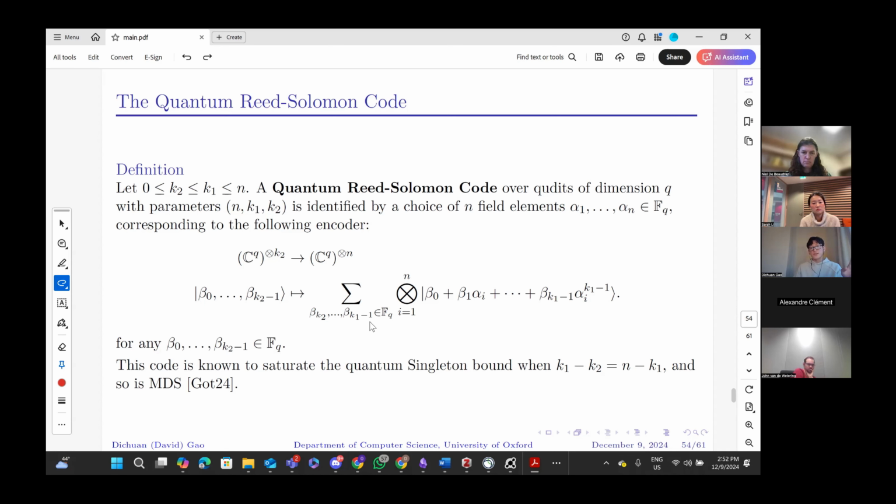So all the operations involved in the Reed-Solomon code are arithmetic operations. And this only really works in Galois fields, and it's known to saturate the quantum Singleton bound. So it is a maximal distance separable code.